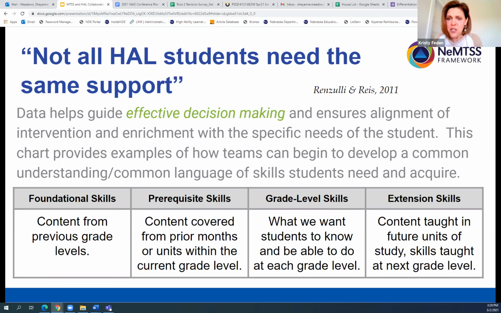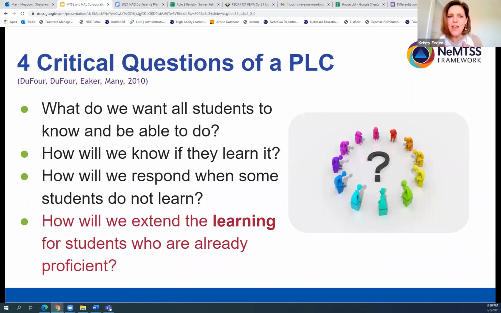So those are the students that Sheyanne was discussing that have already mastered or already understand the content that's within those grade level expectations, and they need to move forward, or they need to have that opportunity to progress. So that's really important. And how do we identify where kids fall within this continuum? We do that through data-based problem solving and decision making.